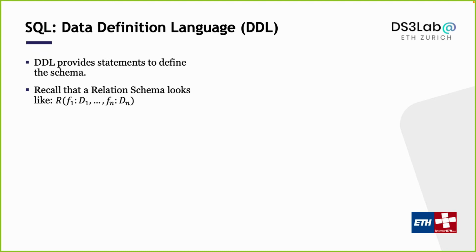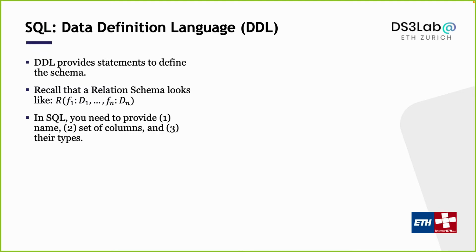Assuming you have a relational schema with a relation named R with n different attributes, each one of them has a domain like D1 to Dn. In SQL, you need to specify the name of the relation, the set of columns, and the set of data types. Like most programming languages, you have some predefined data types.